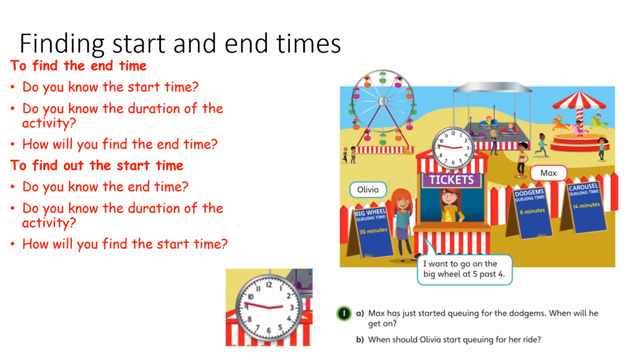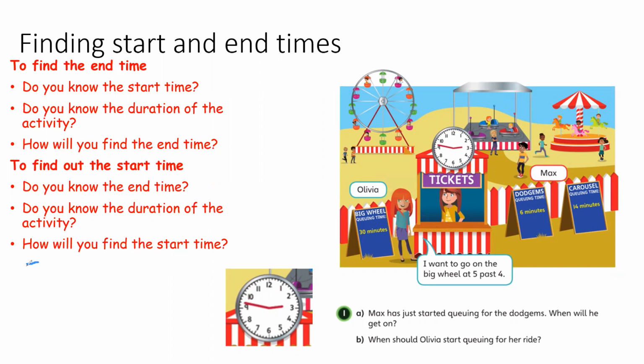My next question, when should Olivia start queuing for her ride? So here we have finding out the start time. So on this occasion, knowing this time isn't helping me because that's what the time is now. What I need to know is what the end time is going to be. And Olivia has told me here, I want to go on the big wheel at 4:05. Okay, so we've got 4:05 is her end time.